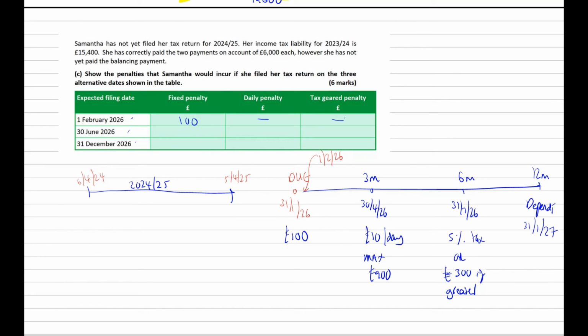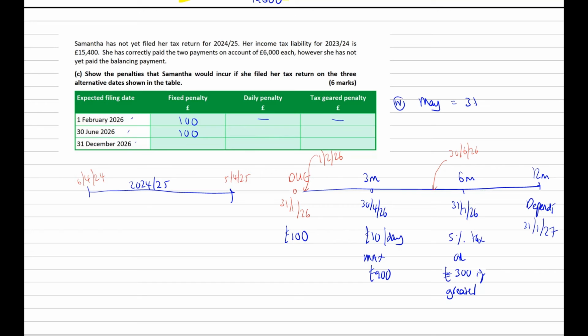If she doesn't make that one, and maybe she makes it to 30th of June 2026, which will then put her into here, because these penalties are cumulative, they are like little triggers. So here, she didn't file by 31st of January, she automatically receives a £100 penalty. She then also doesn't file by 30th of April. So from the 1st of May, she starts incurring penalties of £10 per day. So all through May, which is 31 days, she's incurring those penalties.